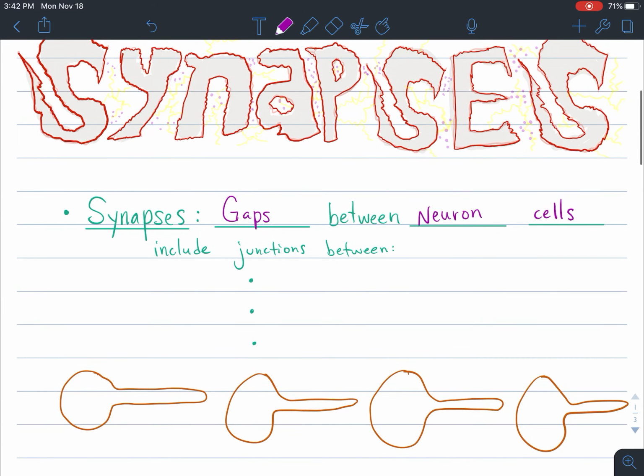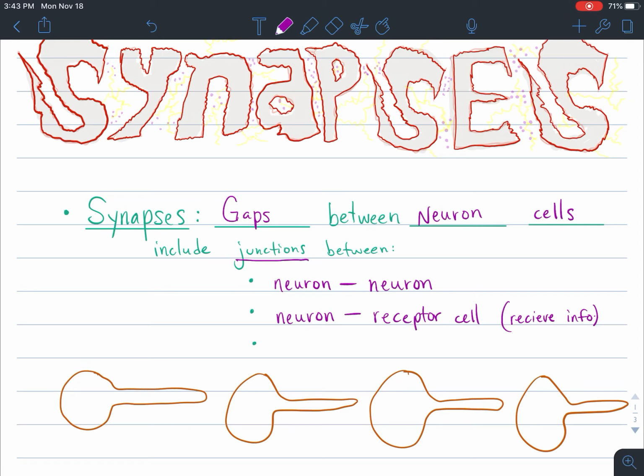communicate with each other. So synapses are any type of gap or junction between a neuron cell and another neuron cell. So from neuron to neuron. Also from a neuron to, let's say, a receptor cell. Receptor cells are ones that basically receive information. It could be like your eye, because your eye receives information.